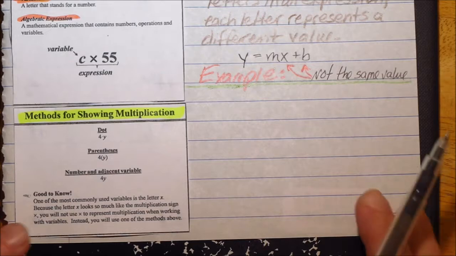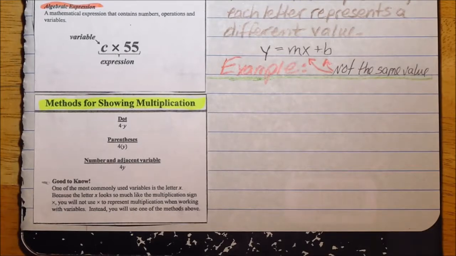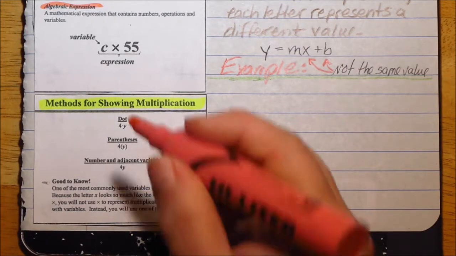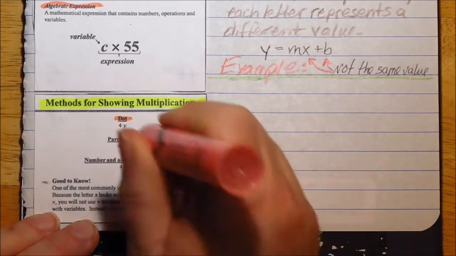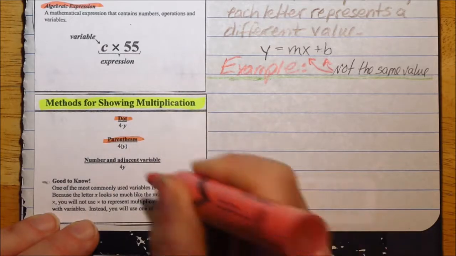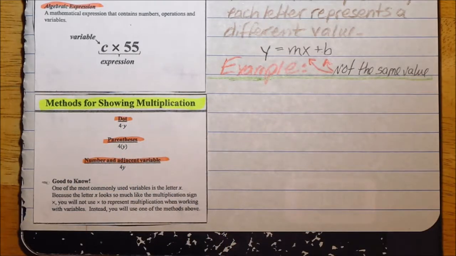And that's really all it is. Let's talk just real briefly here about what's happening in this methods for showing multiplication. Like I said before, if you're in my class, we've already talked about most of them. All right, so you can show multiplication by using a dot, by using a parentheses, or simply the number adjacent to the variable. That means the number right next to the variable.